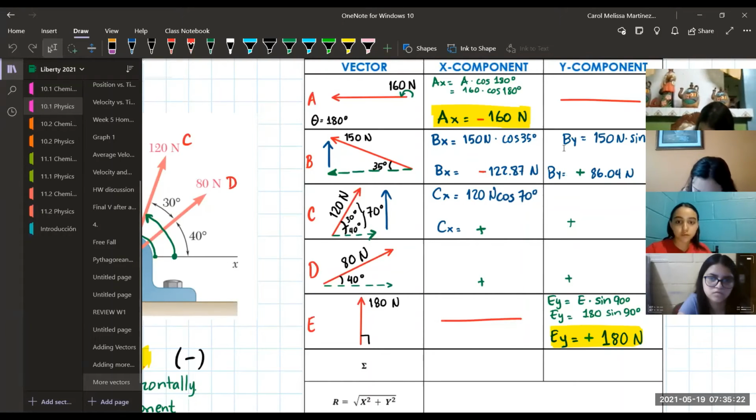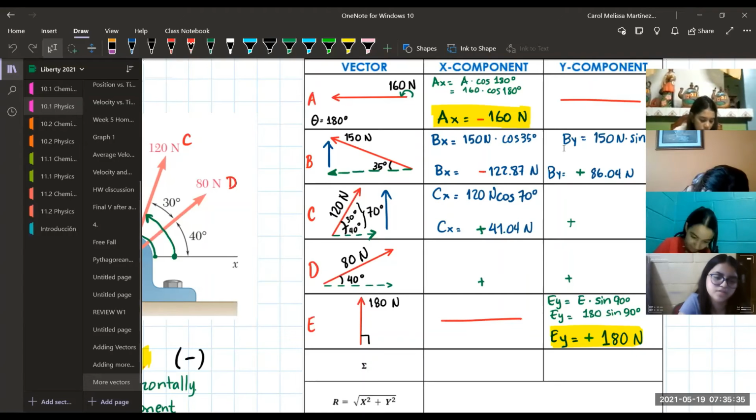So Cx is equal to 41.04 Newtons. And Cy is 120 Newton sine of the angle, that is 70. Cy is equal to 112.76 Newtons.